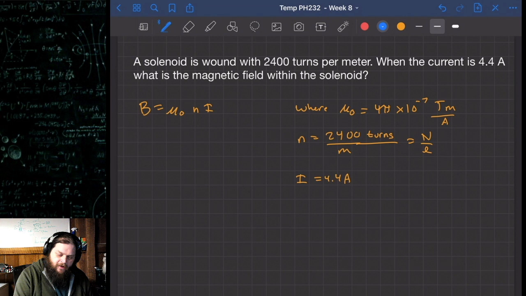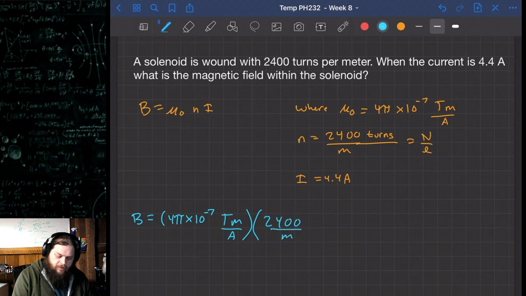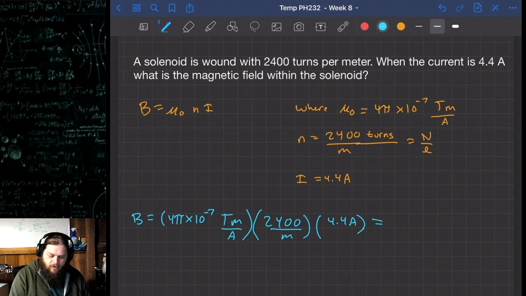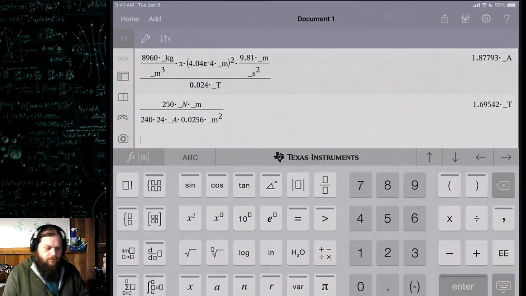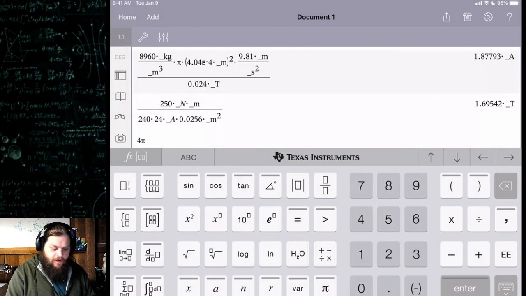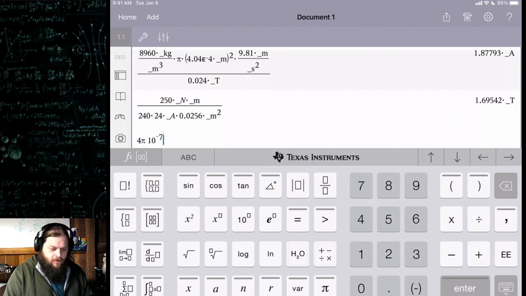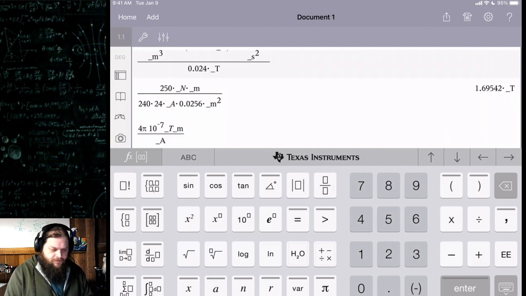So just plugging those values in here, we get B is equal to 4 pi times 10 to the negative 7 Tesla meters per amp times 2400 loops per meter times 4.4 amps, which is equal to 4 pi times 10 to the negative 7 Tesla meters per amp multiplied by 2400 turns per meter.